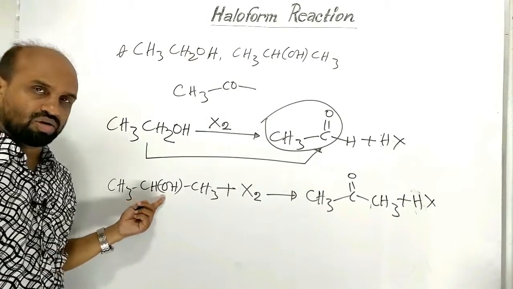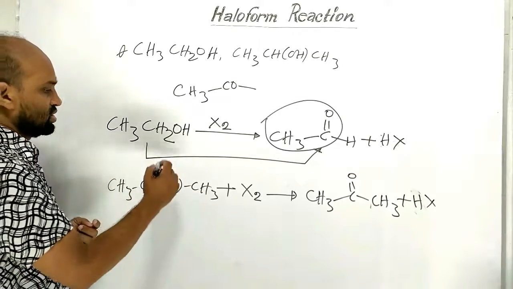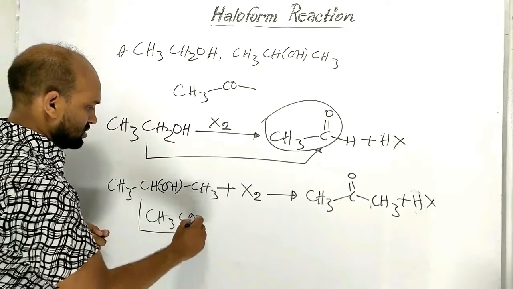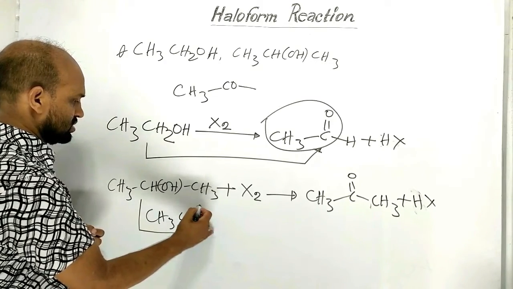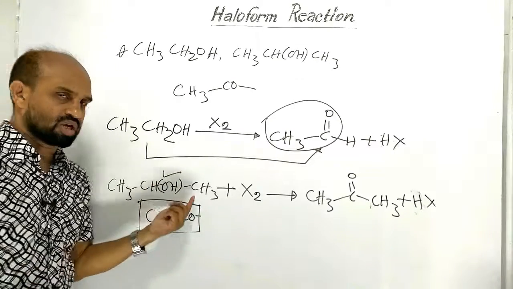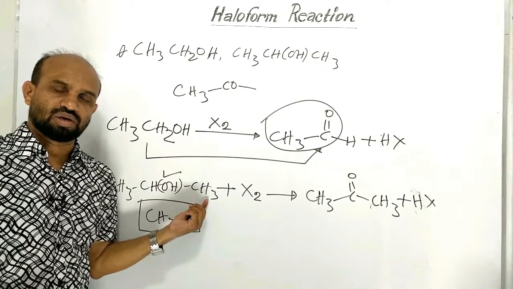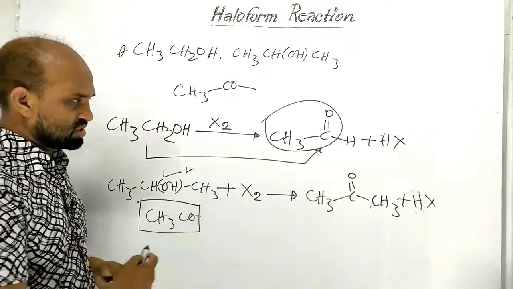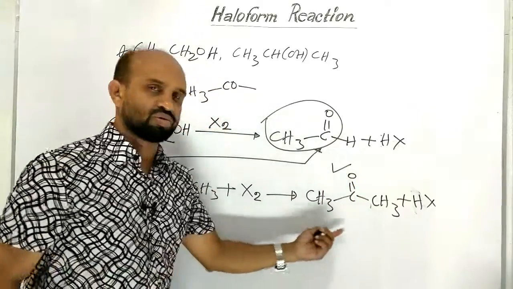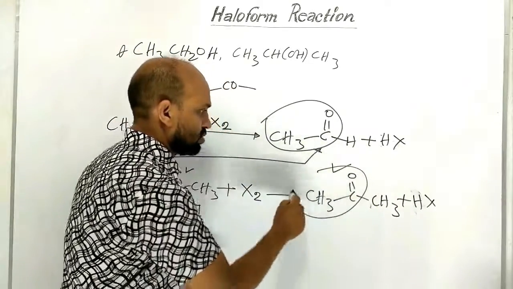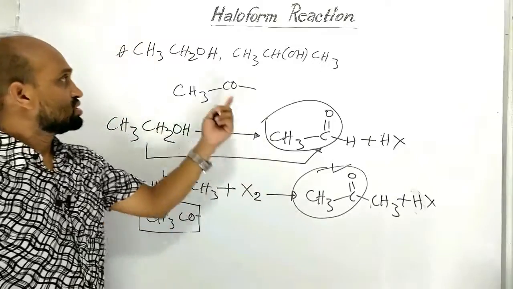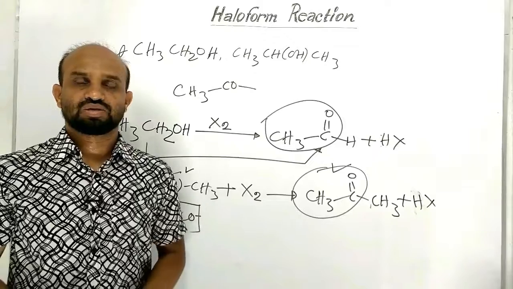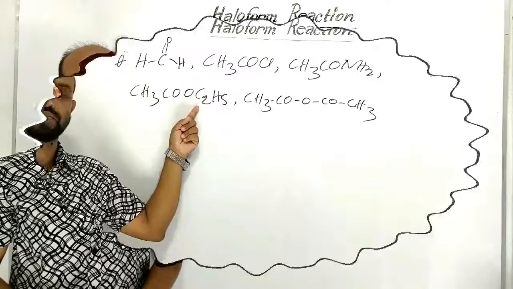Though this alcohol doesn't contain methyl carbonyl group, nevertheless it undergoes haloform reaction, because at the very outset of the reaction this alcohol produces carbonyl compound containing methyl carbonyl group. So these alcohols undergo haloform reaction, though they do not contain methyl carbonyl group.